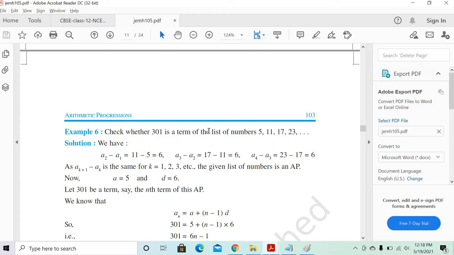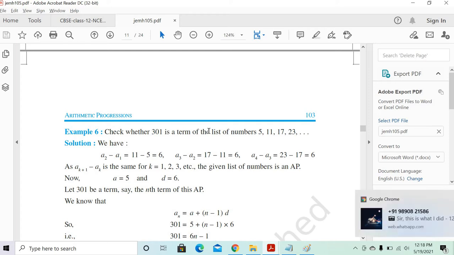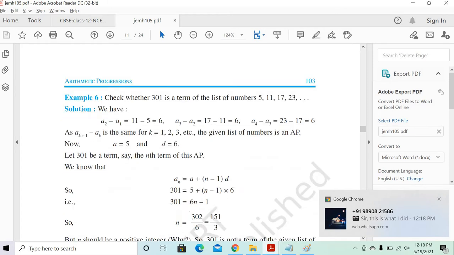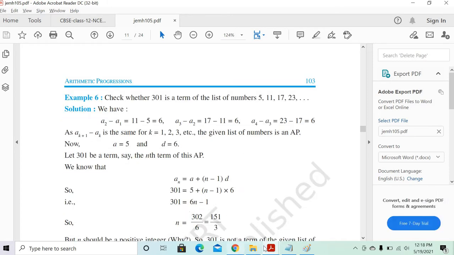Assume the AN is 301 and try to get the nth term. If n is a positive number, that means a natural number, then this term is there. Else, not there. Clear? Understood? Okay, just try it out, then I'll explain to you.